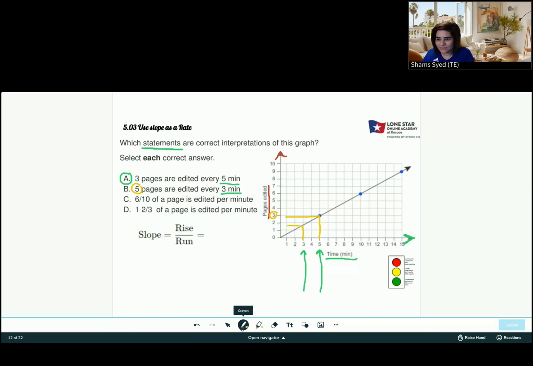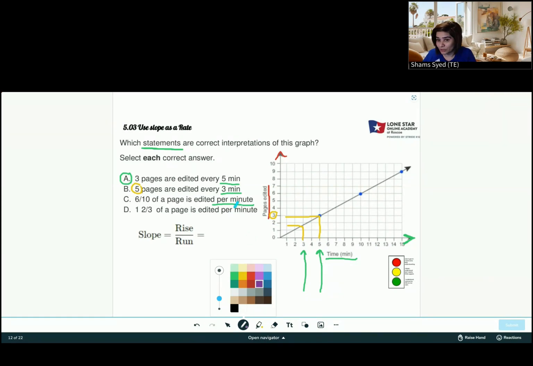Okay, now they want to talk about per minute. And when we talk about per minute, we are thinking about 1 minute, right? So let's go ahead and use our nice good points.